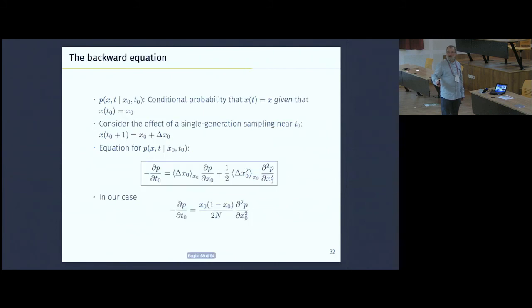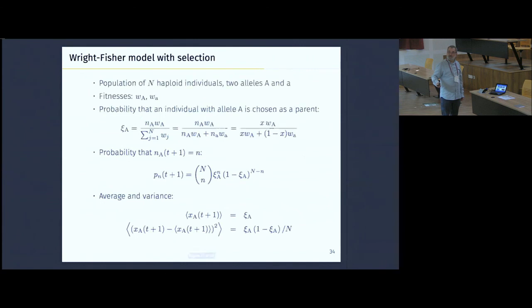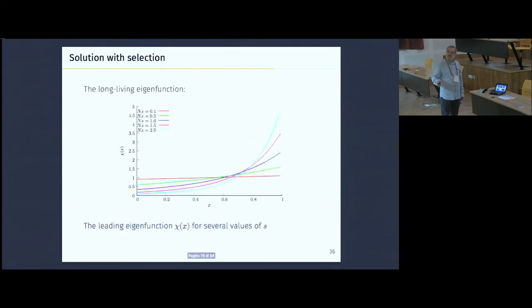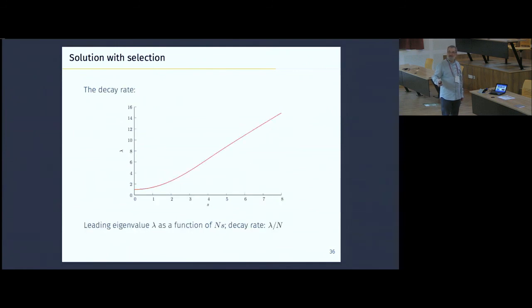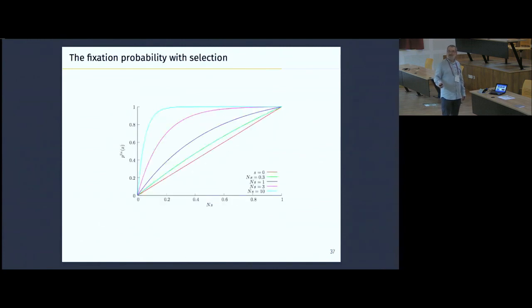Now you can evaluate the fixation probability formula, but I will not go into it. This is what happens with selection. And this is the shape of the long-living eigenfunction and the decay rate, so you can calculate whatever, and this is interesting.